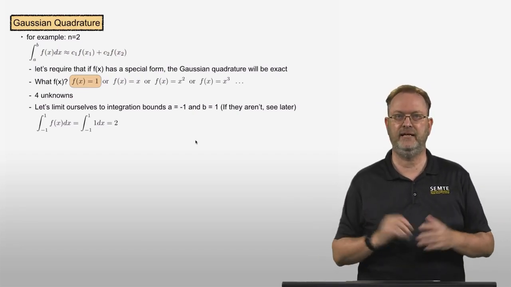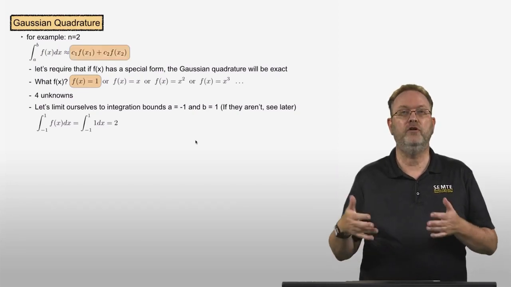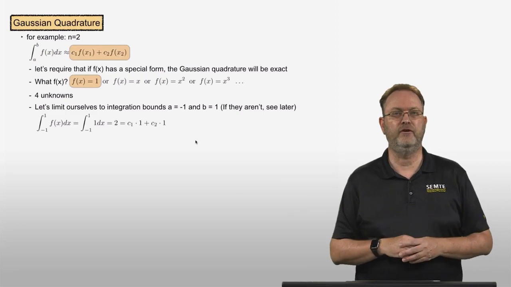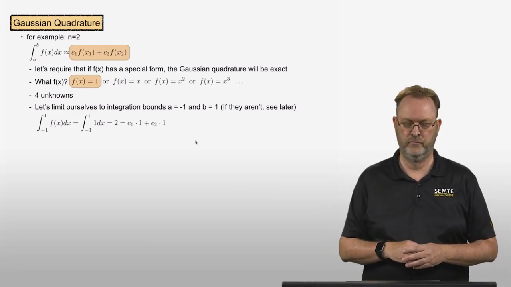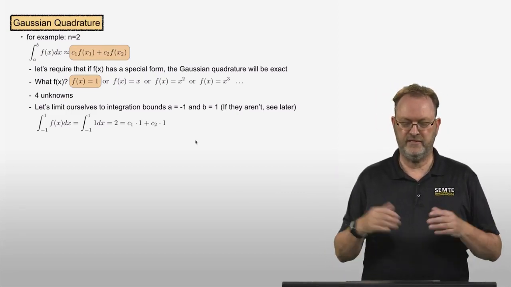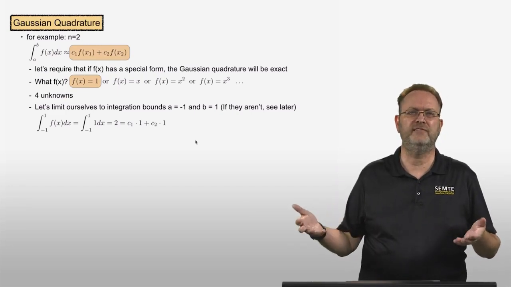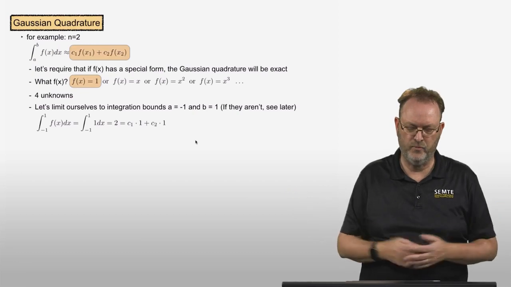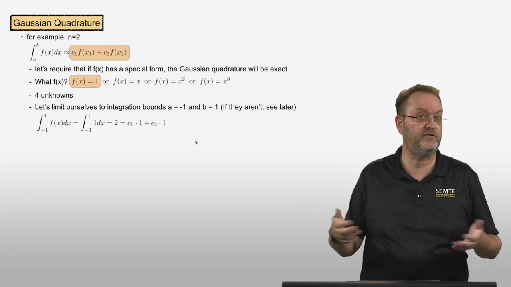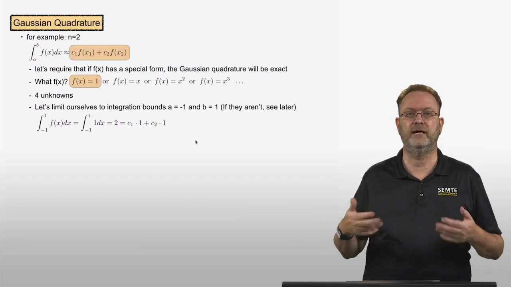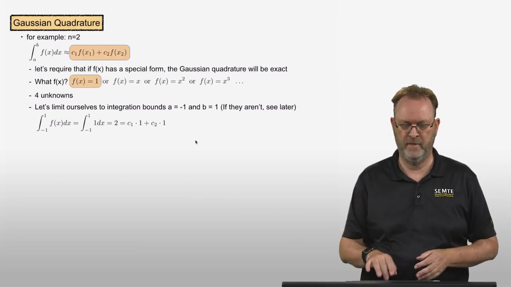So that's the analytically exact solution, and I want my Gaussian quadrature formula to give me exactly this value of 2. So that means that c1 times f of x1, well, if f of x is equal to 1, then f of x1 has to be 1, as does f of x2. So the 2 has to be equal to c1 times 1 plus c2 times 1.